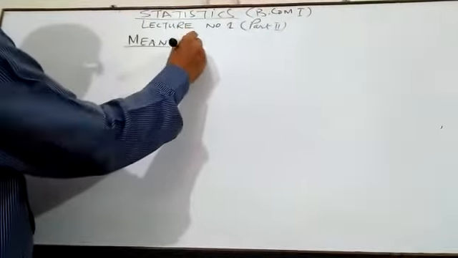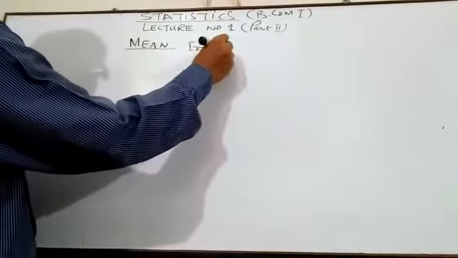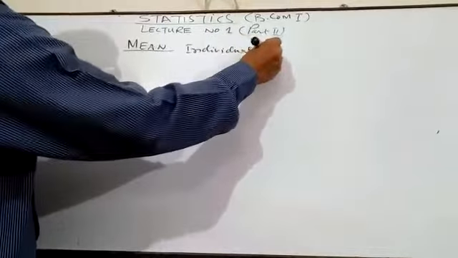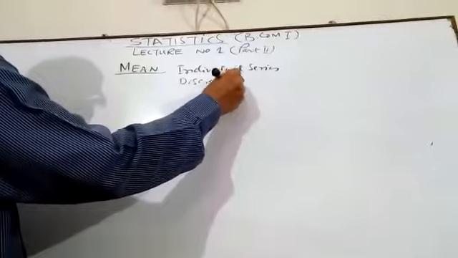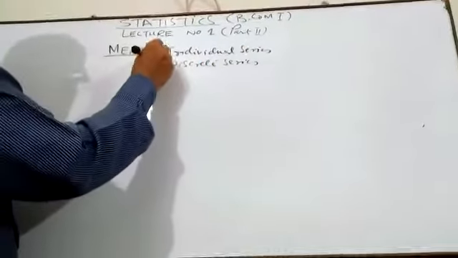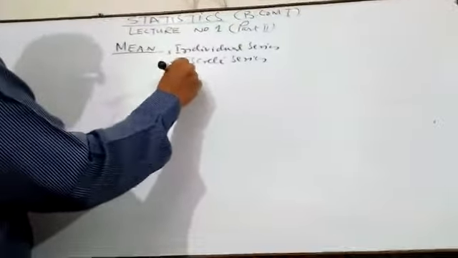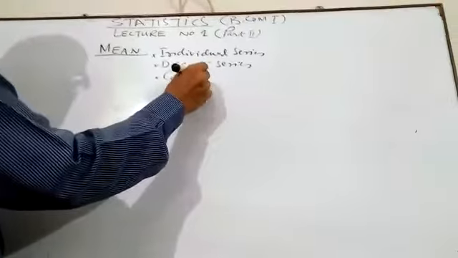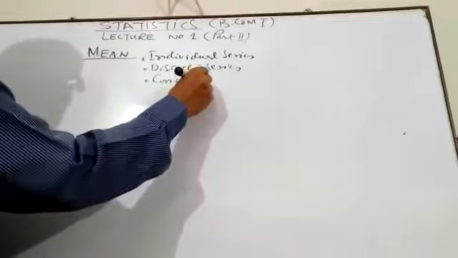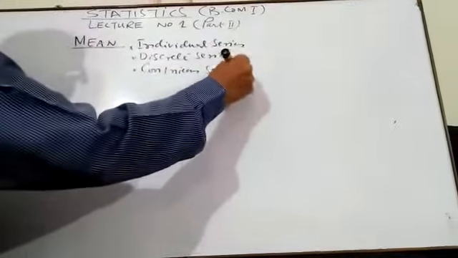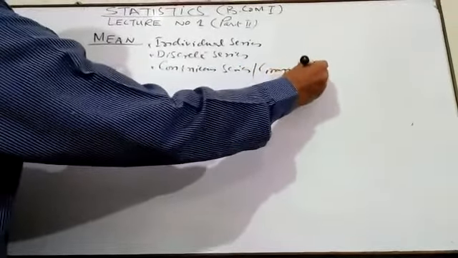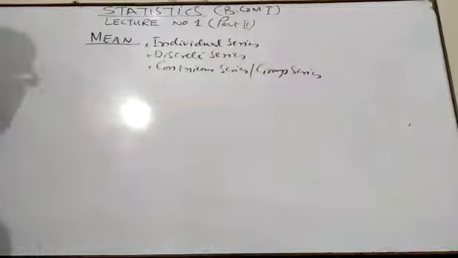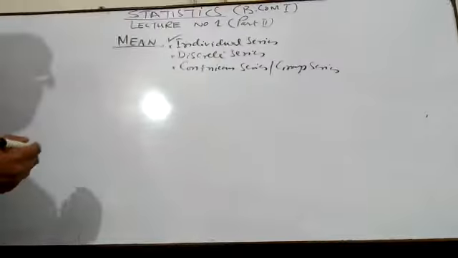Number one is individual, second is discrete series, and third one is continuous series or group series. So first of all, we are starting with mean in individual series.